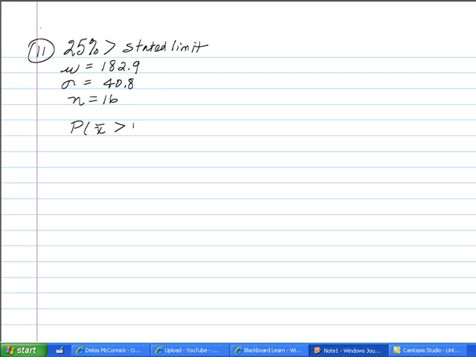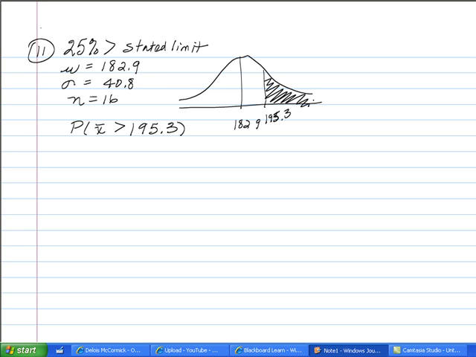Our z-score would be 195.3 minus 182.9, times the square root of 16, over 40.8. The square root of 16 is 4, divided by 40.8, and I get 1.22.